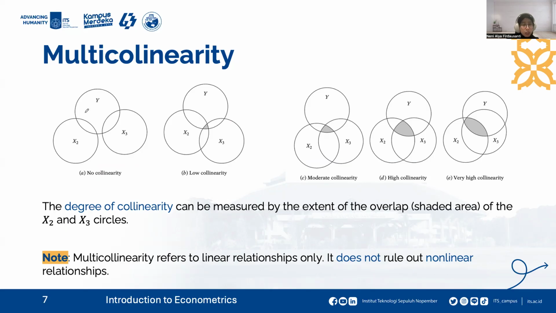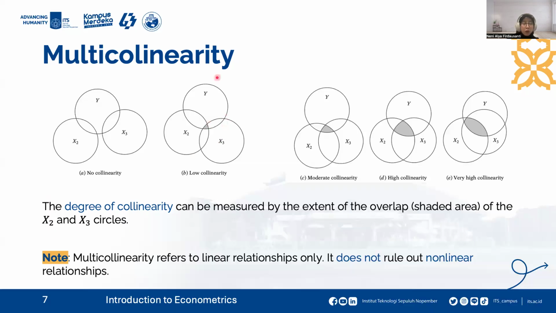If there is no overlap between x2 and x3, they are indeed not multicollinear. If there is a low shared area, x2 and x3 share a little bit of the same value, but not much.